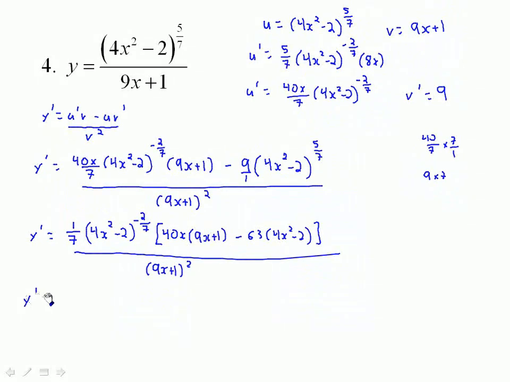Keep it going, and you'll get y prime is equal to 1 over 7. I'll deal with that fraction in the next term. Right now I'm going to deal with, or the next step, I'm going to clean up this bracket.